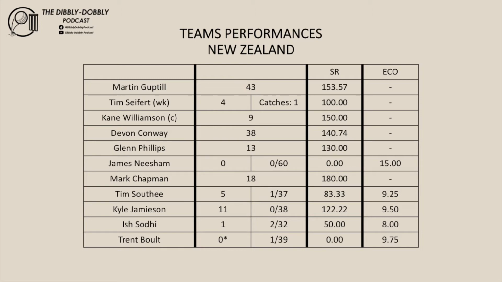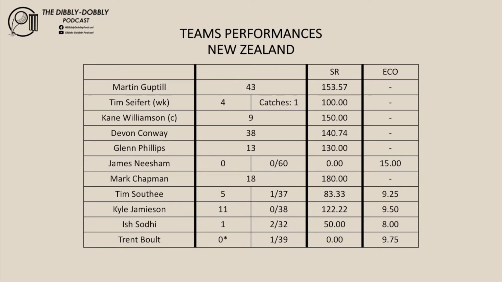Whenever you concede over 200 runs in a T20 innings as a bowling side, it's not really a great performance with the ball. New Zealand just didn't look at their best with the ball today.